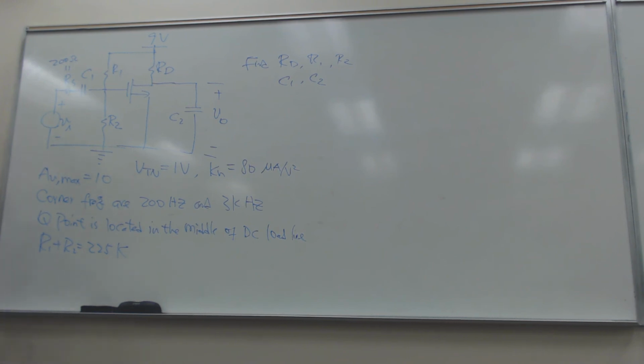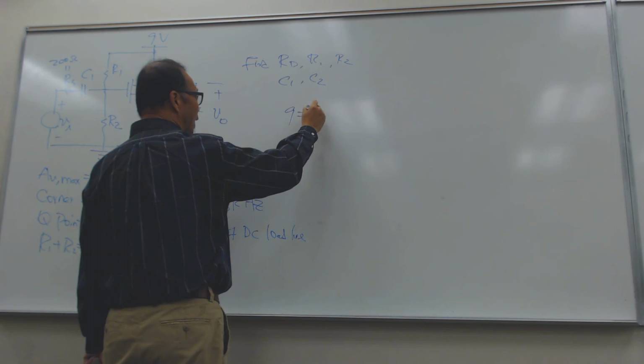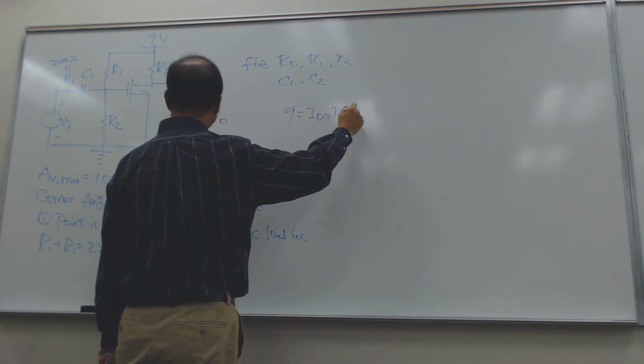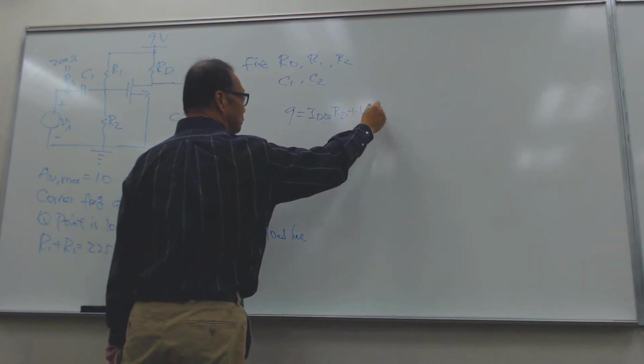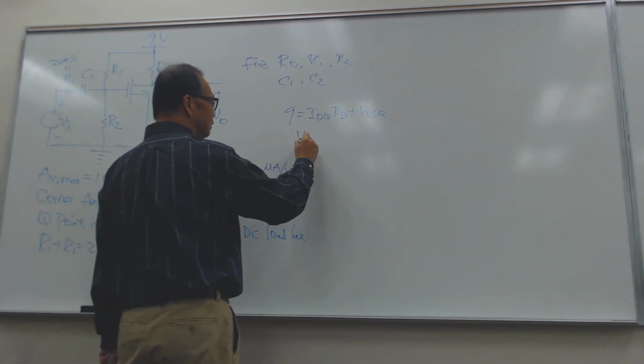Well, you may want to start from the DC. See if you can get something out of the DC analysis. So if you look at the output loop under the DC, 9 volt equals IDQ RD plus VDSQ. Well, you know what VDSQ is.